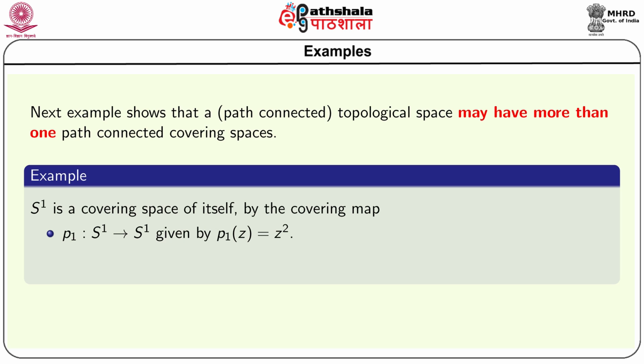Let us take this example: S1 is a covering space of itself by the covering map P1, which is given by P1(z) equal to z square. If I take P from S1 to S1 given by P(z) equal to z to the power n for any non-zero integer n, then that P is also a covering map. So, S1 becomes a covering space with respect to the covering projection P.